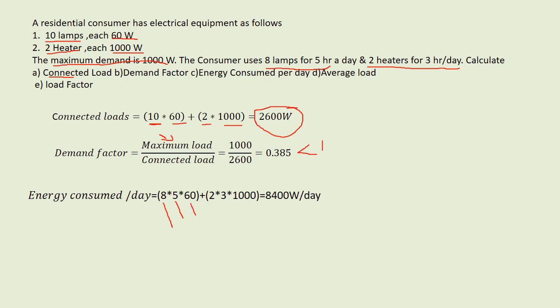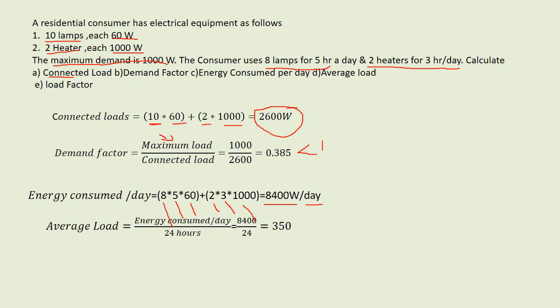So this is the whole consumption in a day for lamps. He uses 2 heaters for 3 hours, with a rating of 1000 watt. So the total consumption per day, that is your energy consumption, is 8400 watt hours per day. That is your energy consumed.